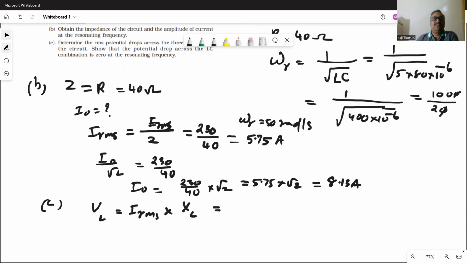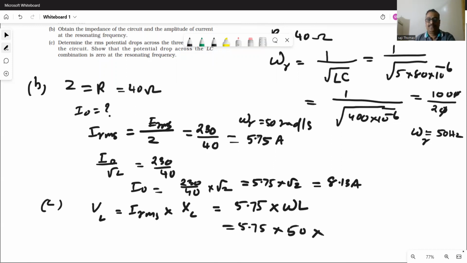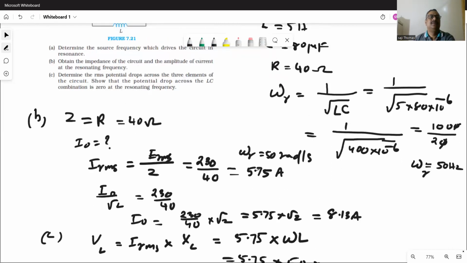IRMS into XL. What is IRMS? 5.75. XL, you know the equation, omega L. So 5.75 into omega, which you determined as 50, right? Omega is 50. So 50 into L. What is L given?